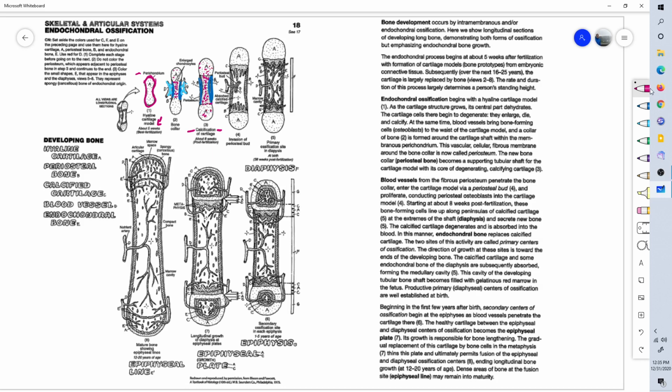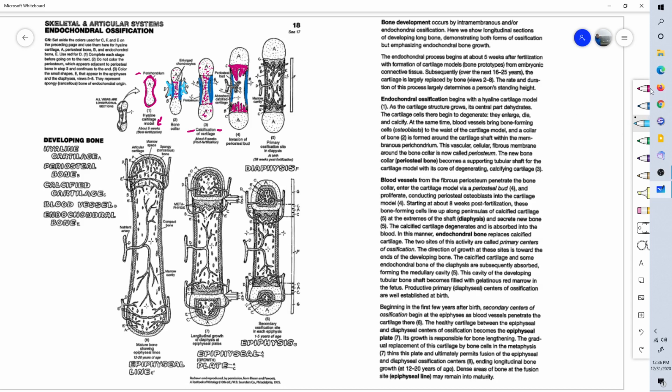And here you see this sort of calcified cartilage right here in this area on both ends of the diaphysis. So it begins to calcify and sort of harden in there. So this is calcified chondrocytes, or calcified cartilage, you could say, while this collar remains and continues to grow.